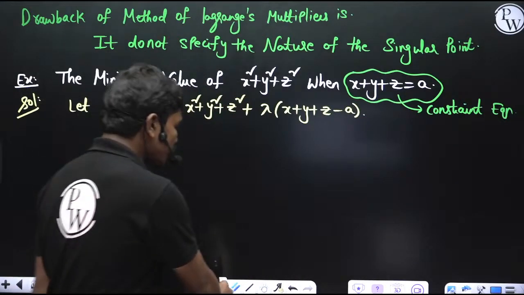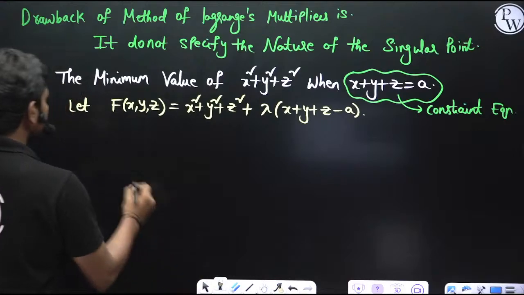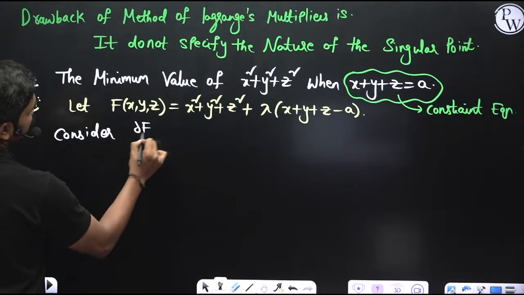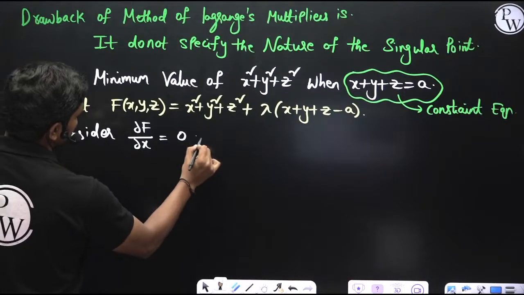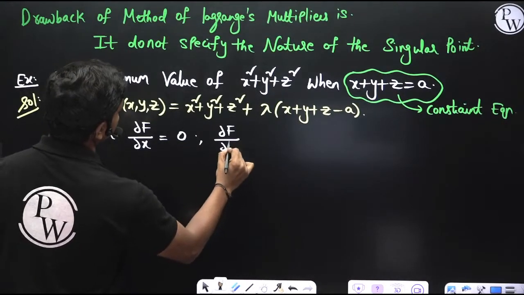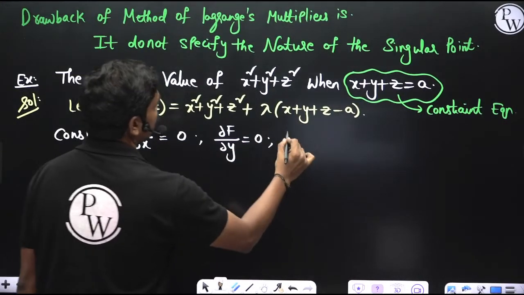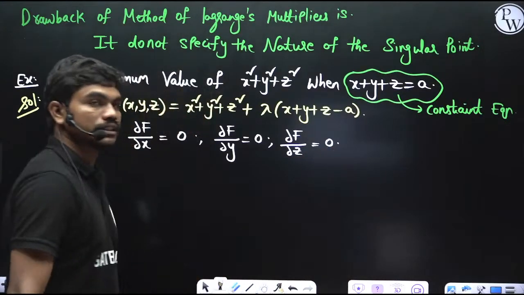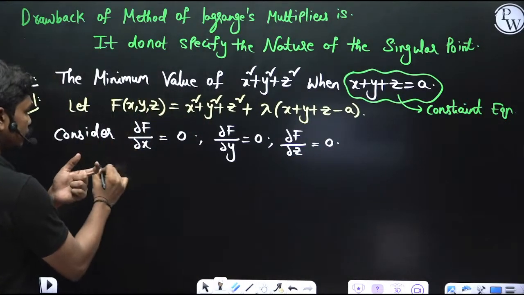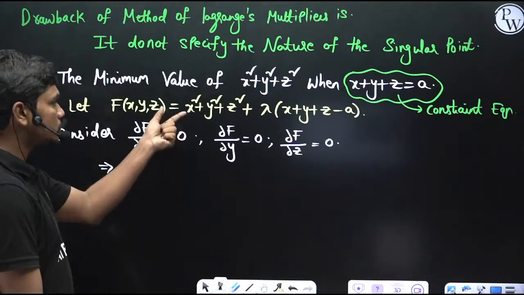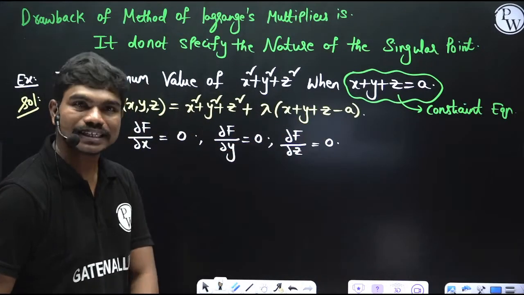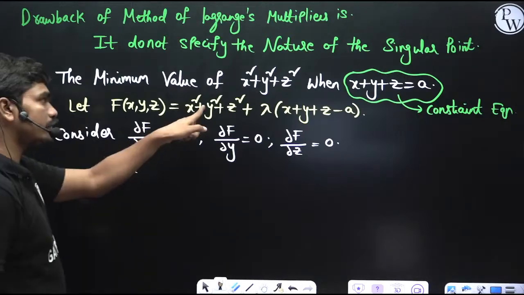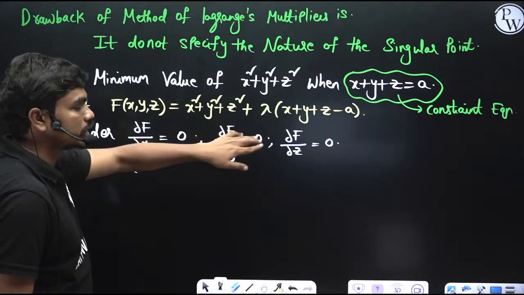So step 2, calculate the first derivative equal to 0. Okay, so consider dou f by dou x equal to 0, dou f by dou y equal to 0, and dou f by dou z also equal to 0. So if you calculate dou f by dou x equal to 0, differentiating this complete function with respect to x partially gives you the derivative of x square, which is 2x, derivative of y square with respect to x is 0, z square with respect to x is 0, plus lambda.